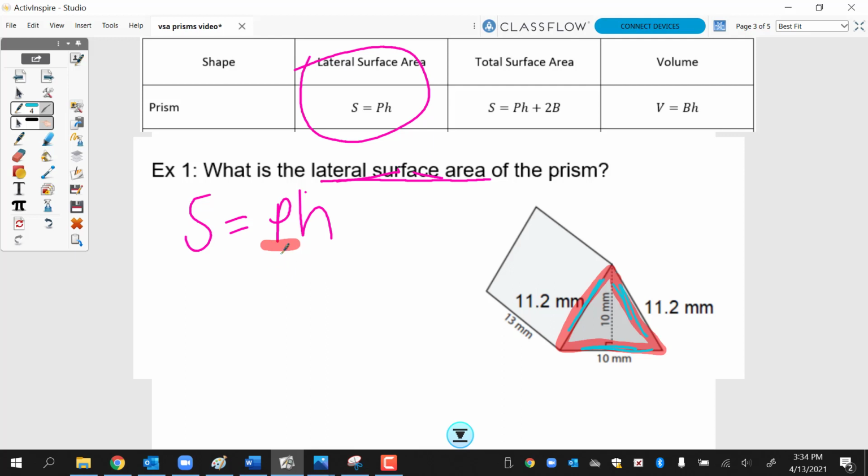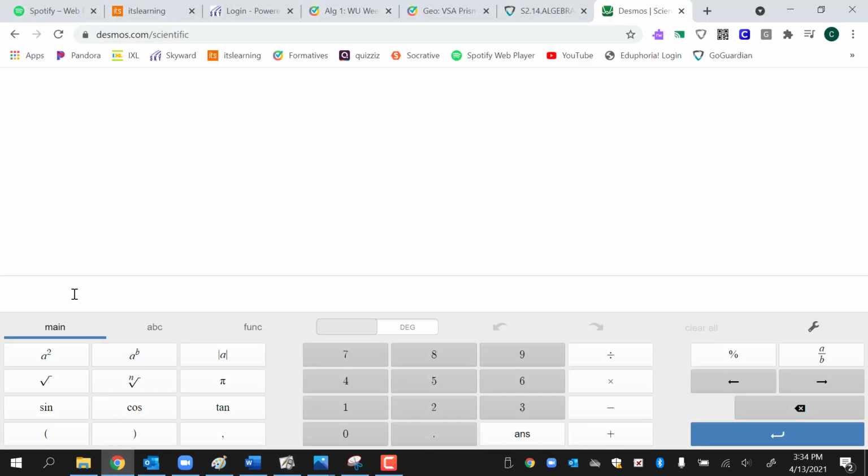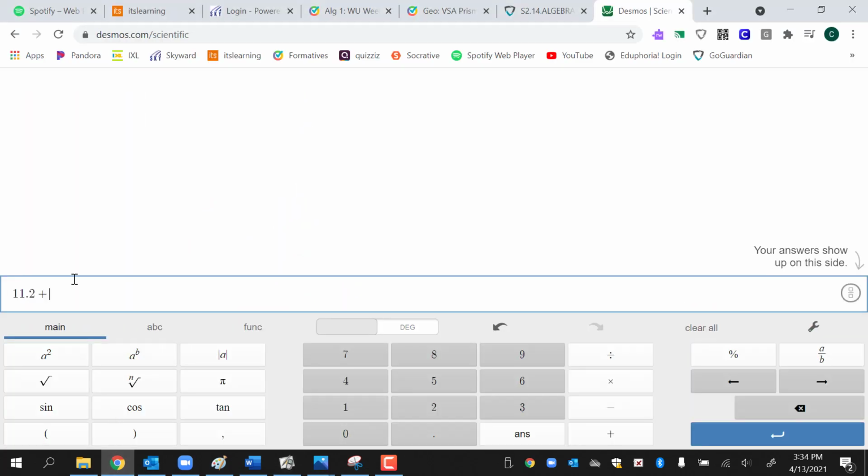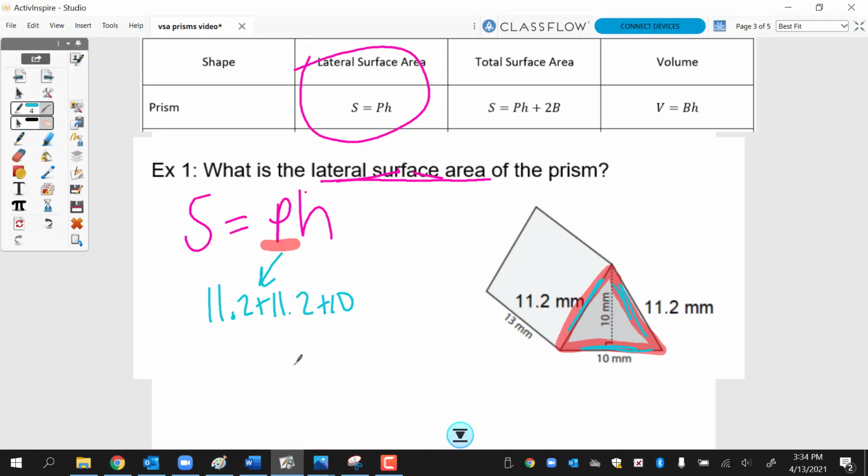So we gotta do 11.2 plus 11.2 plus 10. And we would type that in Desmos. 11.2 plus 11.2 plus 10 is 32.4. So that means P is 32.4.